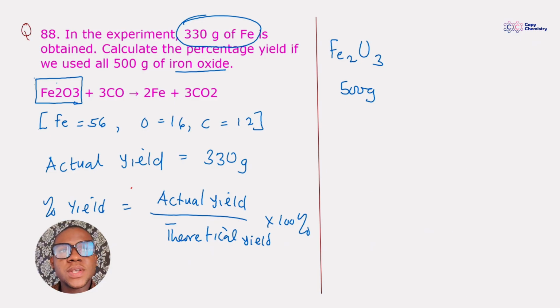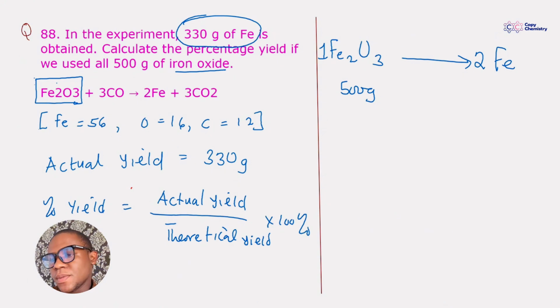We used all. So we're going to assume that that's the limiting reagent and we'll work with that. So we're going to have to compare the Fe2O3 with our iron itself, okay? And that is 1:2 from the balanced equation of reaction.